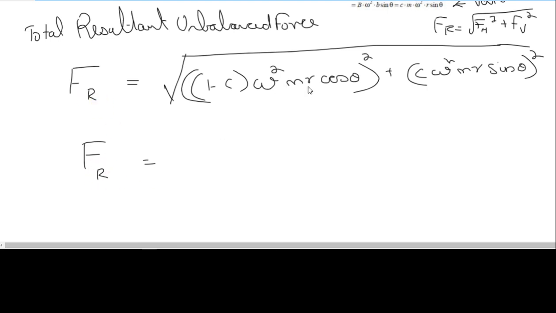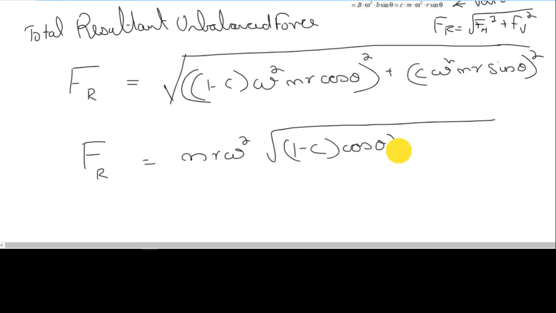So we can take out m r and omega square out of this equation because we are squaring them, and we will be left with (1 minus c) cos theta, whole square, plus c sin theta, whole square. This will be the total resultant unbalanced force of the equation.